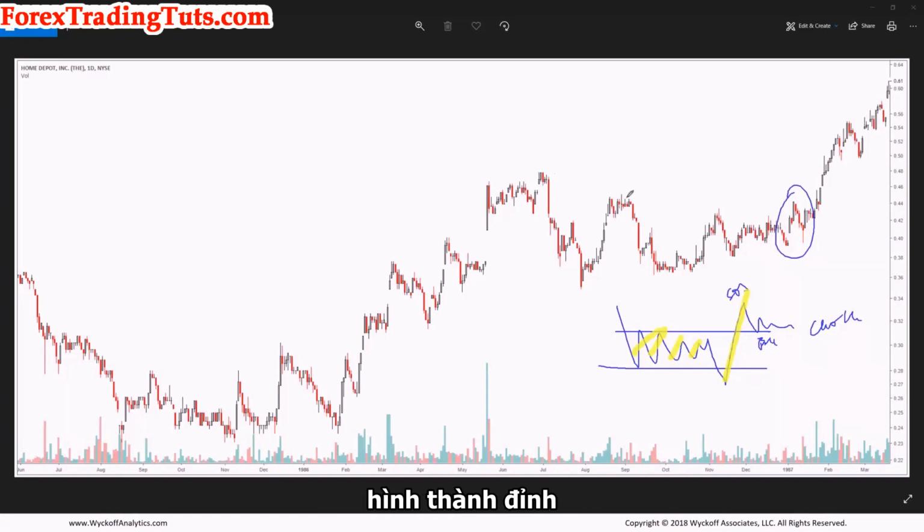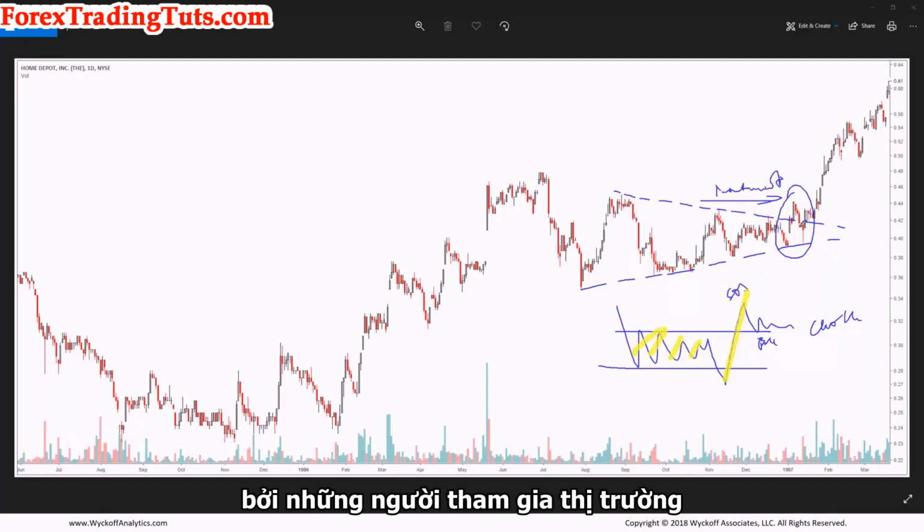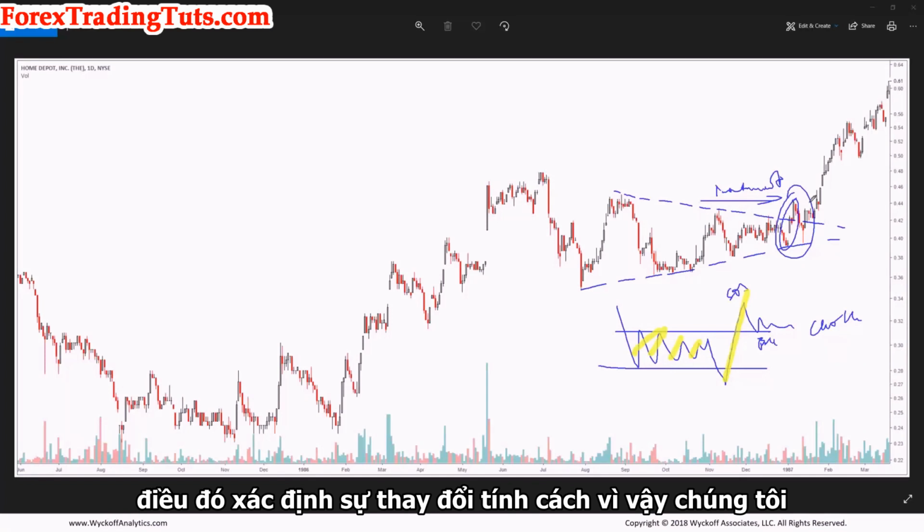In the apex formation, where there is a lot of inactivity by market participants, as small a sign of strength could be that timing mechanism that defines a change of character.